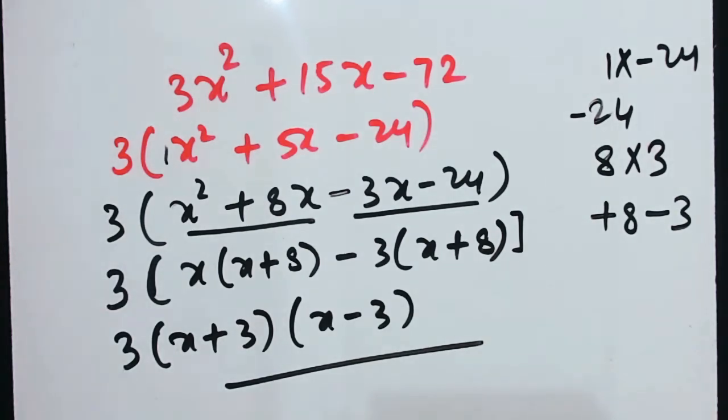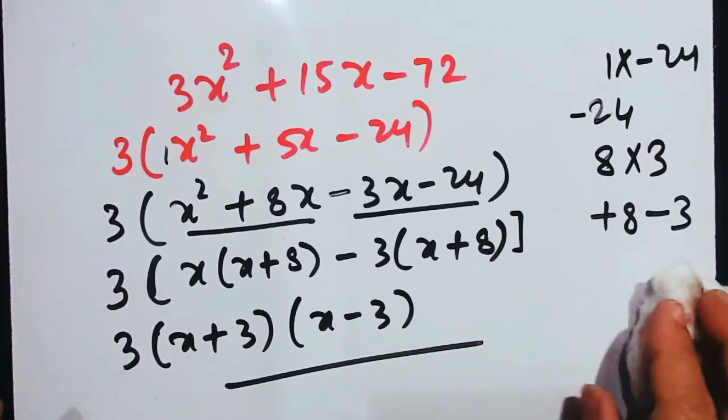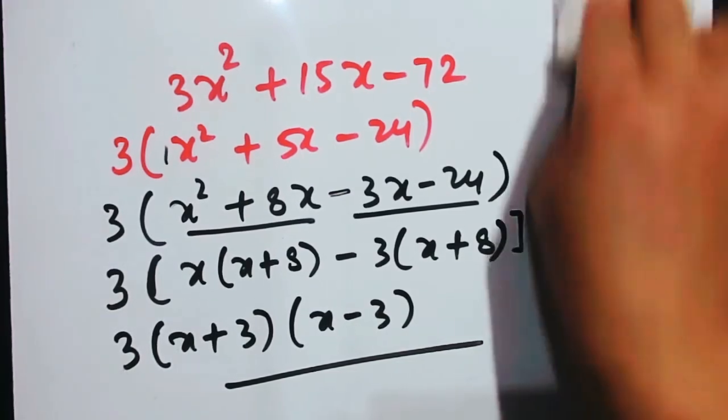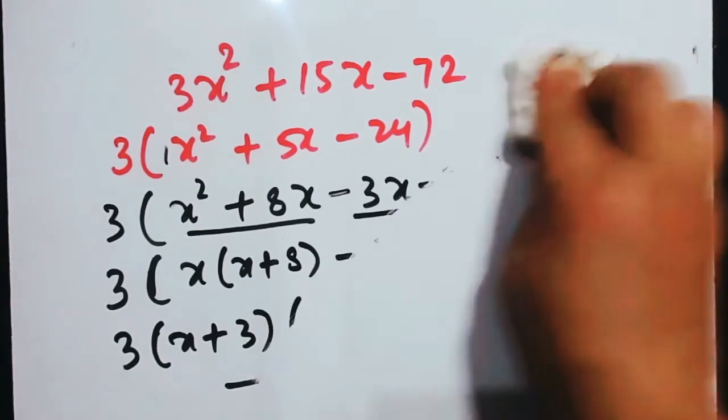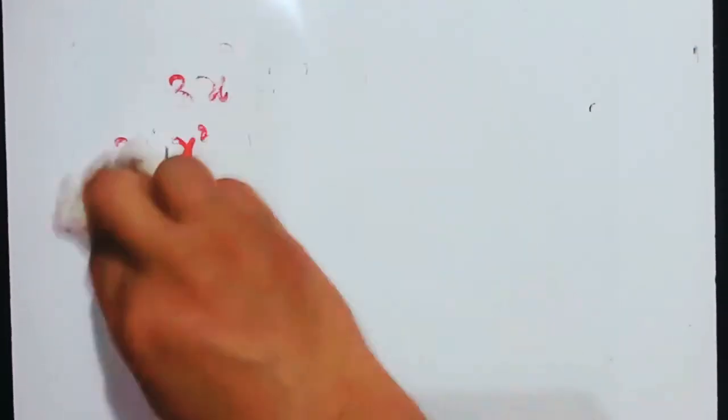Okay, now again let's move on to number 13, where we have the same kind of sums, that is you factorize completely. They have given you just splitting the middle term, and you have already done so.